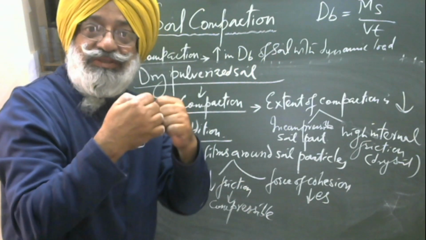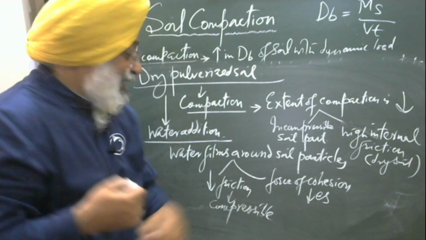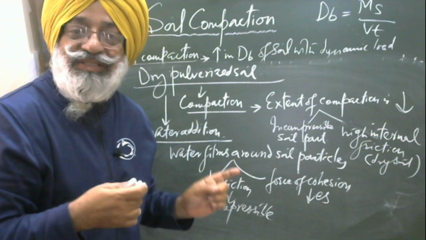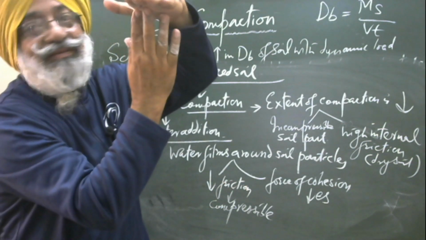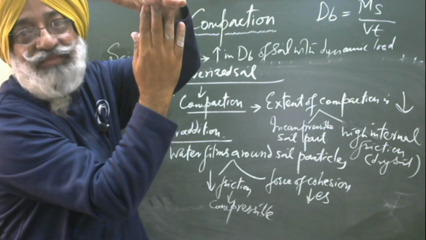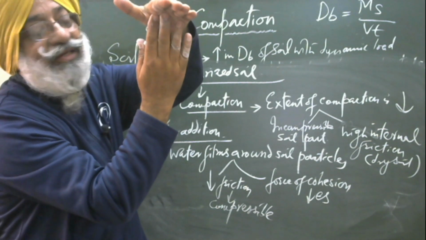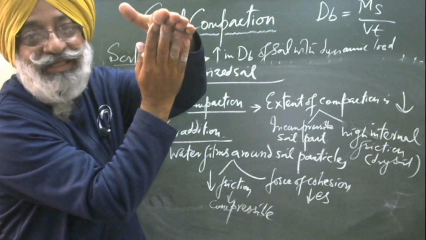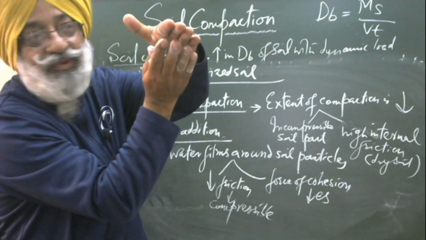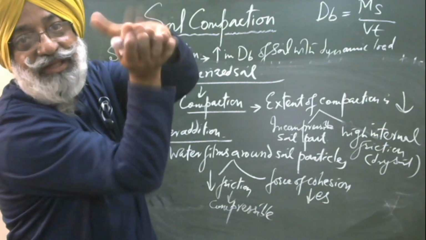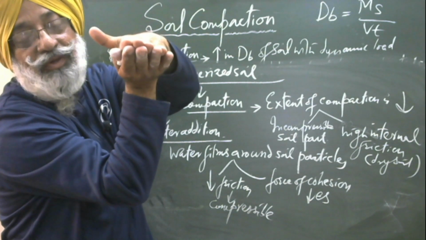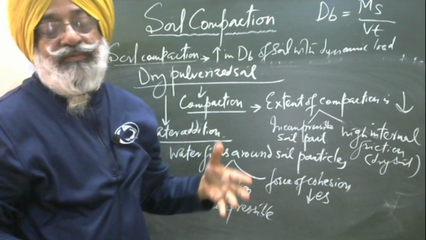Because of this decrease in force of cohesion and decrease in friction, the particles slide over each other. Earlier the particles were like this because of the high friction, and when the friction decreases, the force of cohesion decreases, and the particles slide like this. This is what we call reorientation of the particles.